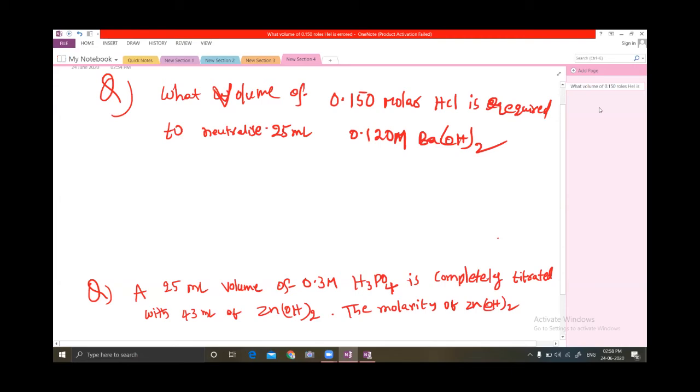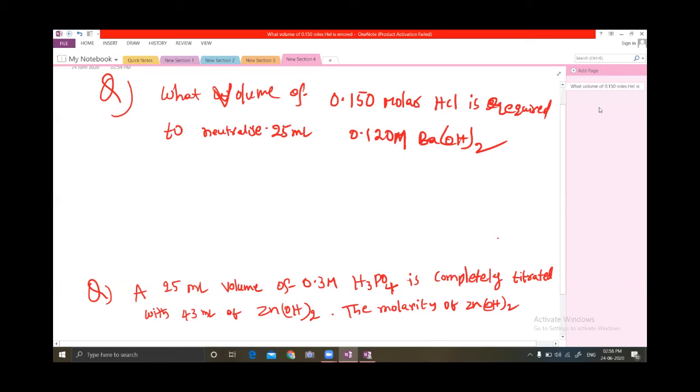Gram equivalents of HCl equal to gram equivalents of barium hydroxide. Since both are volumes, we can cancel, whether ml or liter, doesn't matter. So here 0.150 into volume V. Because they have given ml, I am also calculating in ml. Same units will be cancelled. Otherwise, if you want to convert into liters, you can divide by 1000.